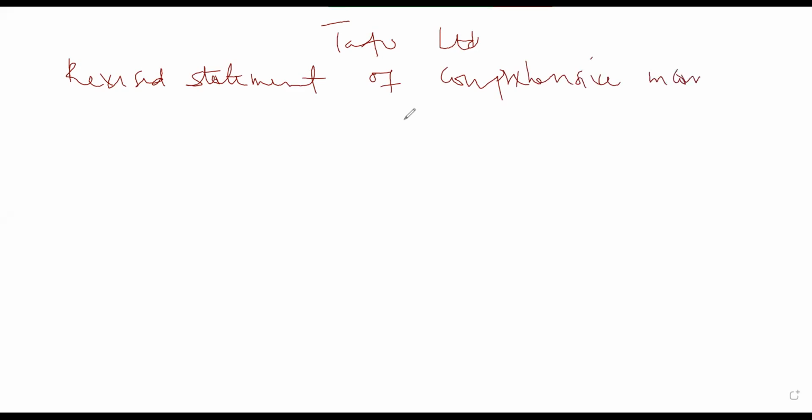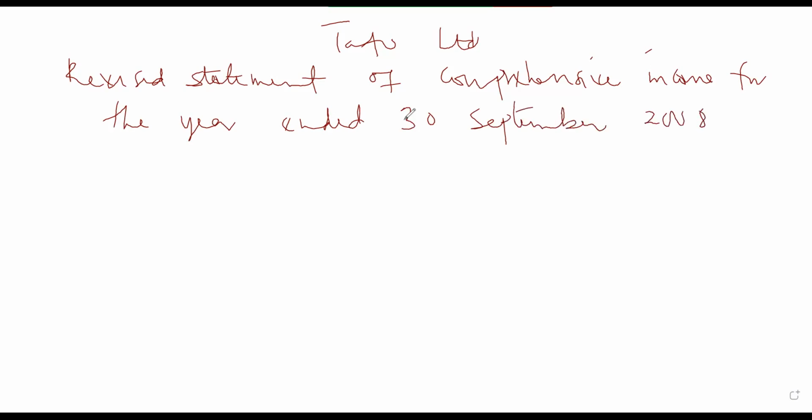Comprehensive income for the year ended what? 30th September 2008. Okay, so you can put your currency sign there.